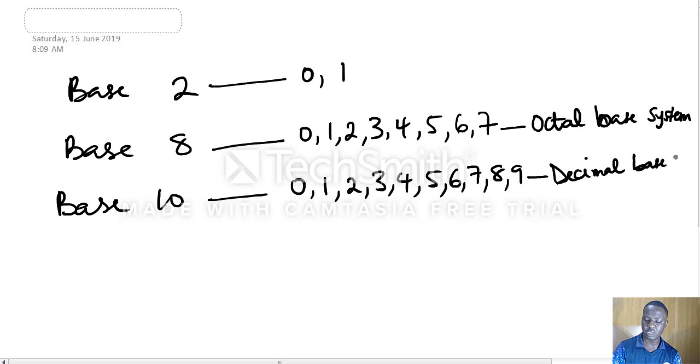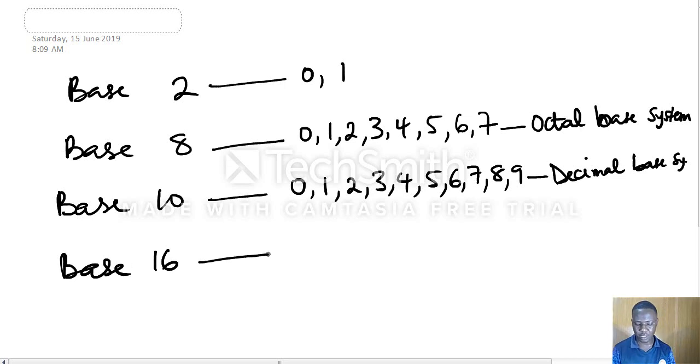Okay, we also have in focus the base 16 number base system, and the base 16 system can be said to be alphanumerical, meaning it is made up of both letters and numbers. We have digits 0 to 9 to take care of the first 10 digits in the base 16.